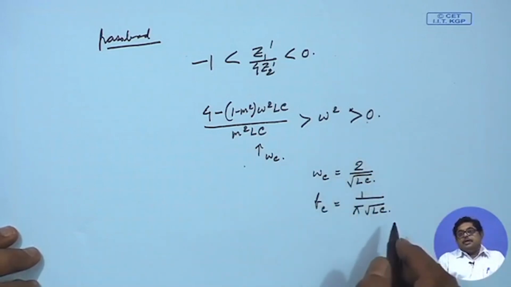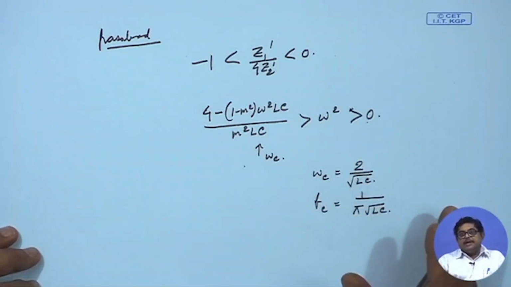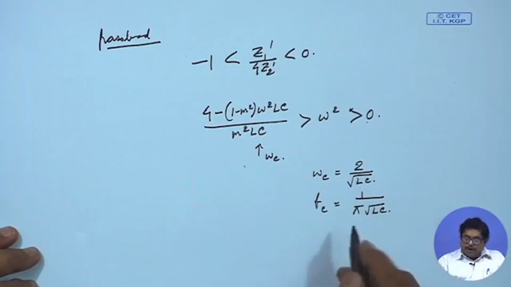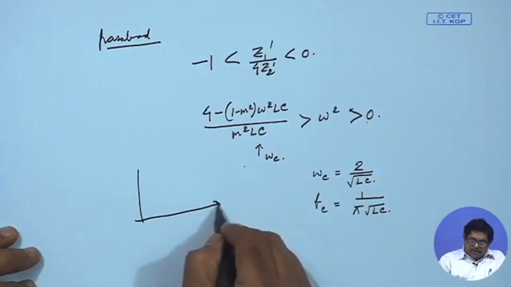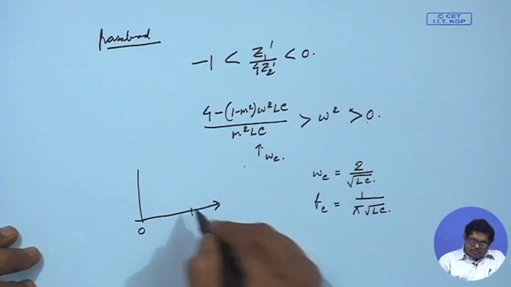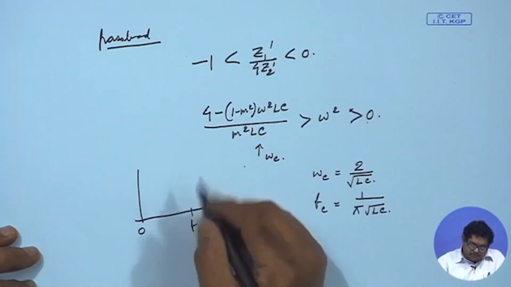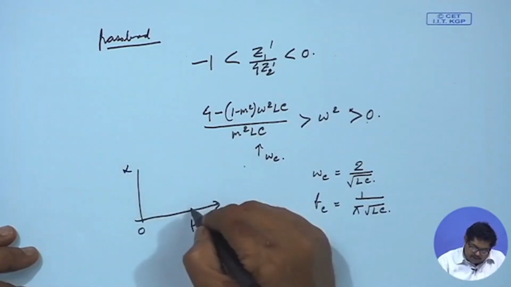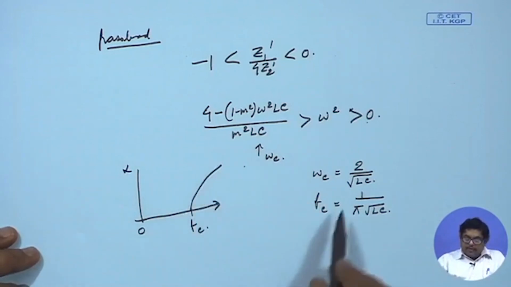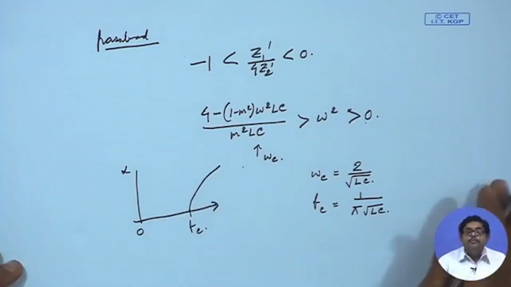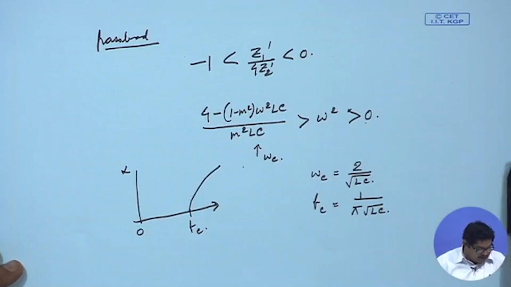So, the pass band extends from 0 to f c. So, alpha will be something like this. So, there is no change in the low pass filter structure.